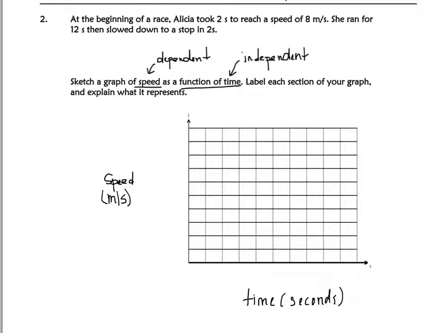So we need to have at least 16 seconds along our horizontal axis. So if we look at, we've got 1, 2, 3, 4, 5, 6, 7, 8, 9, 10, so probably go in units of 2. So 2, 4, 6, 8, 10, 12, 14, 16.